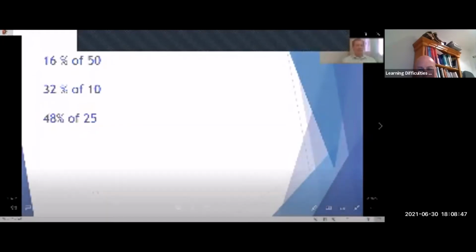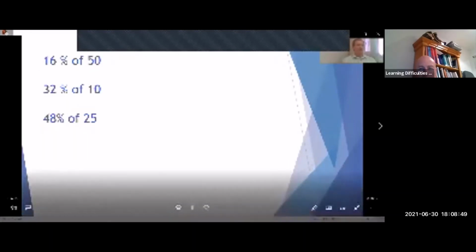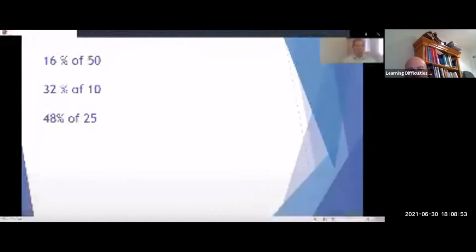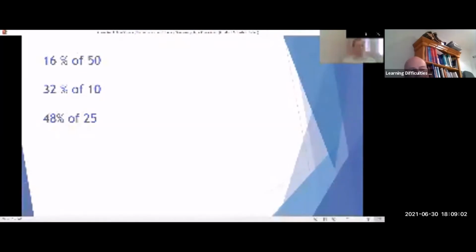It's going to be the first one, 50% of 16, or half of 16 will be 8. The second example, swap it again, 10% of 32, well, it's going to be 3.2, just dividing by 10. And the last example, 25% of 48, which will be 1/4 of 48, which will be 12.